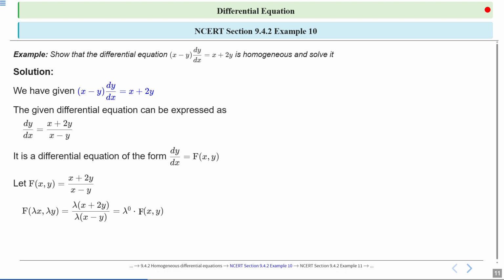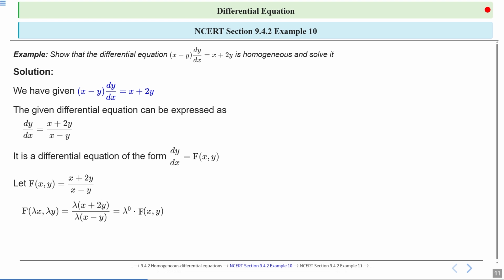So we get lambda to the power 0 into f(x, y). As lambda to the power 0 is 1, this given function f(x, y) is a homogeneous function with degree 0. So the given differential equation is a homogeneous differential equation.